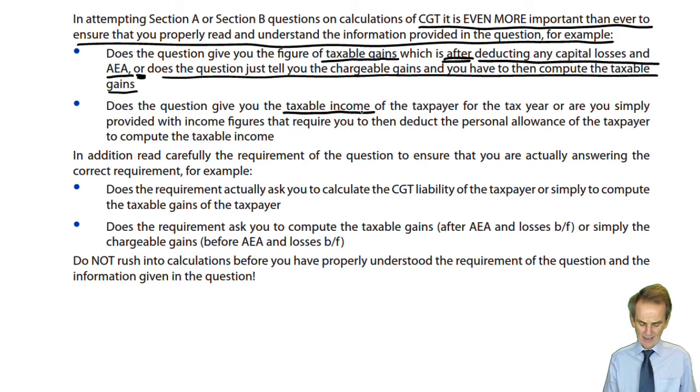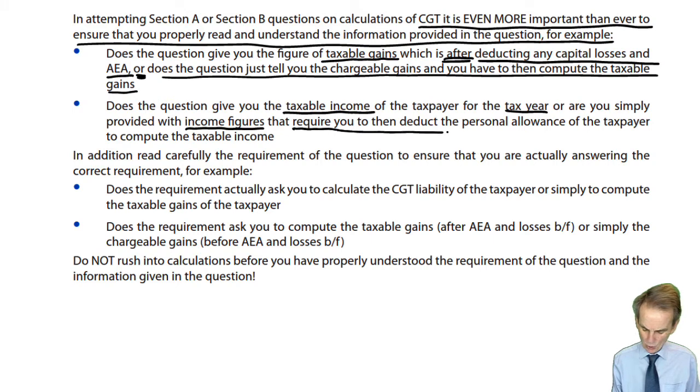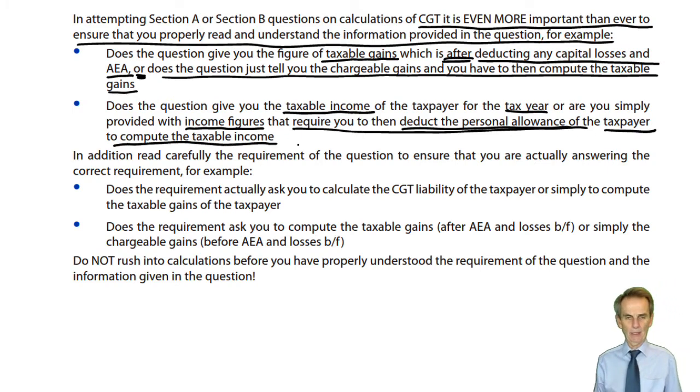That taxable income figure is therefore after having deducted any personal allowance of the taxpayer for the tax year. So does it give you the taxable income of the taxpayer for the tax year, or are you simply provided with income figures that require you then to deduct the personal allowance of the taxpayer to compute the taxable income?